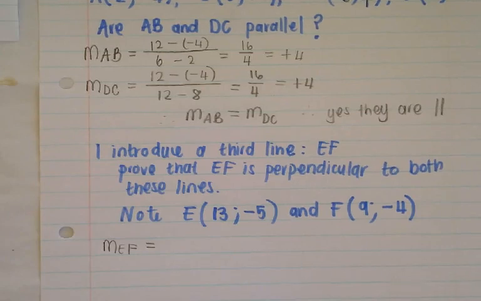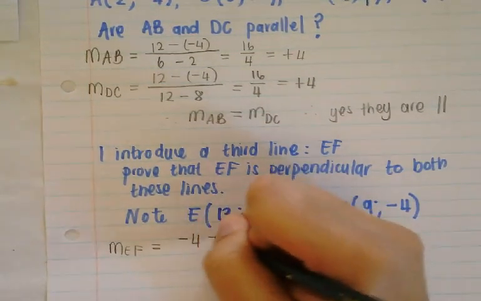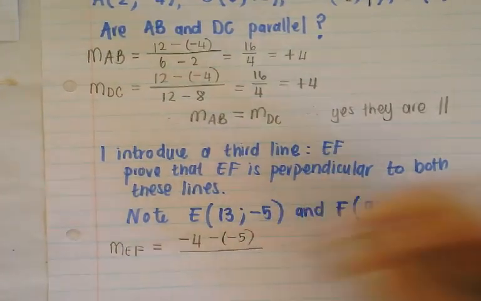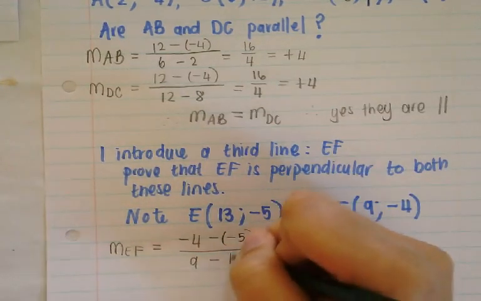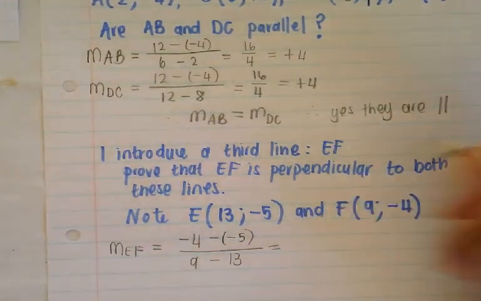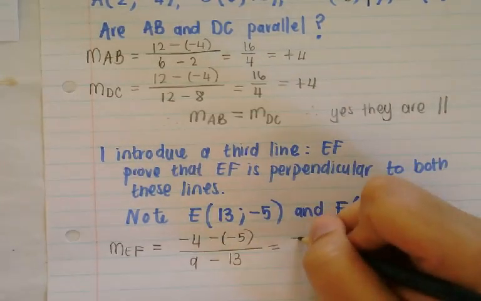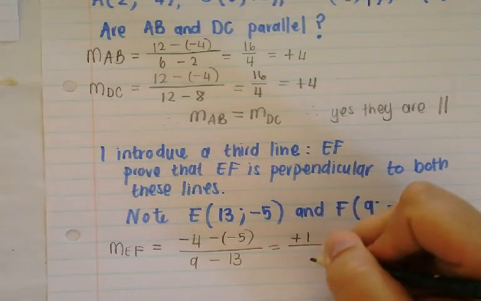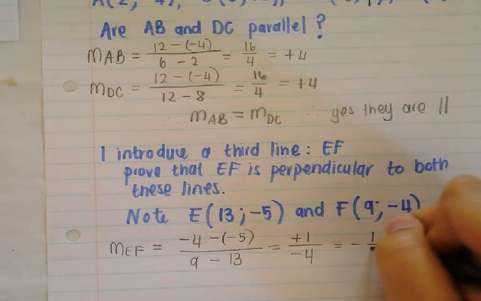So EF, I'm going to go F first, so minus 4 minus, protect the negative, 5, over 9 minus 13. Negative 4 plus 5 is positive 1, and 9 minus 13 is negative 4, so my gradient is negative 1 over 4.